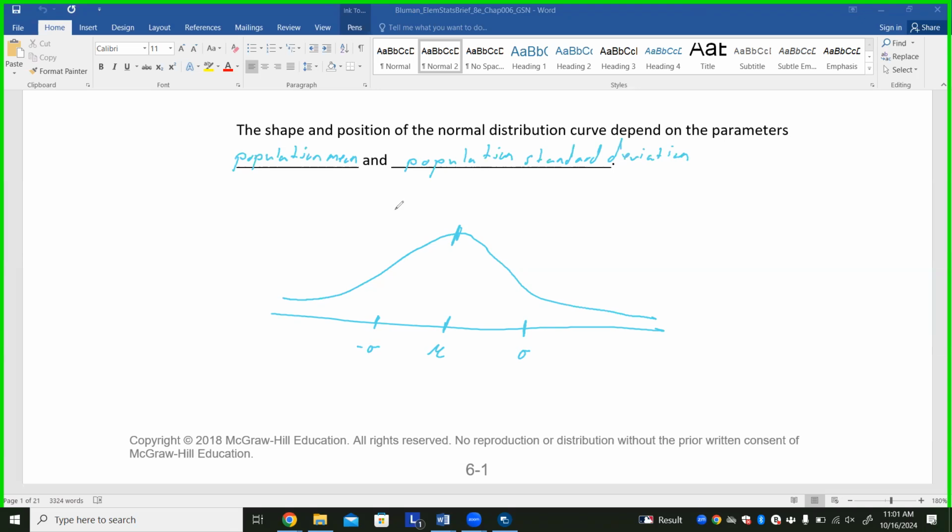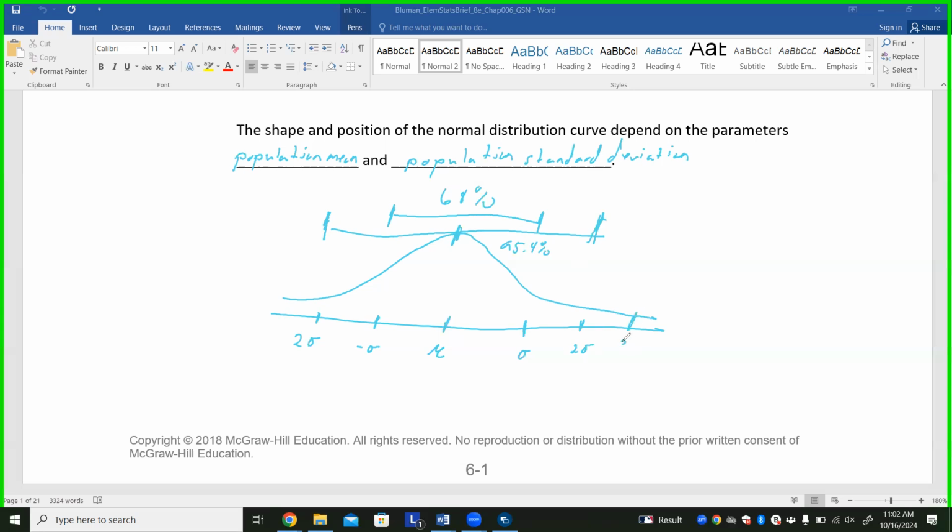And then we talked about from here to here is about, was it like 68%? This is like 68% of your data. And then we talked about this being a second standard deviation. And from here to here, sorry for the freshmen, they're outside doing things, it's about 95.4%.